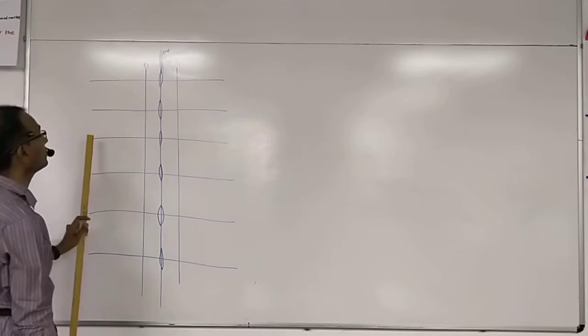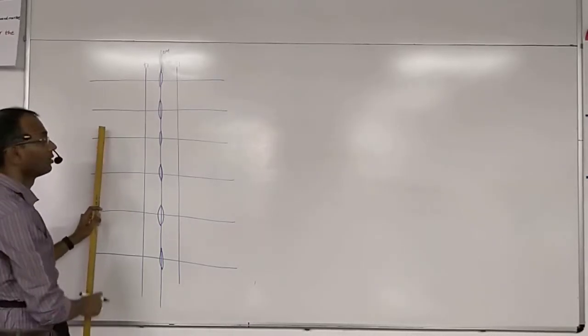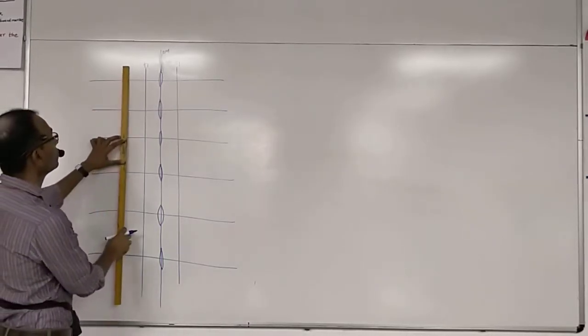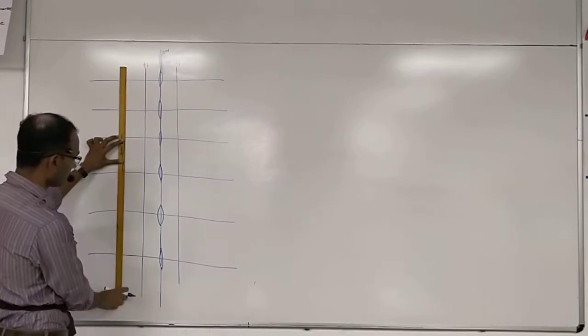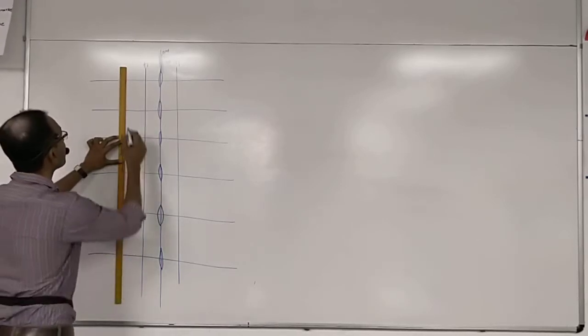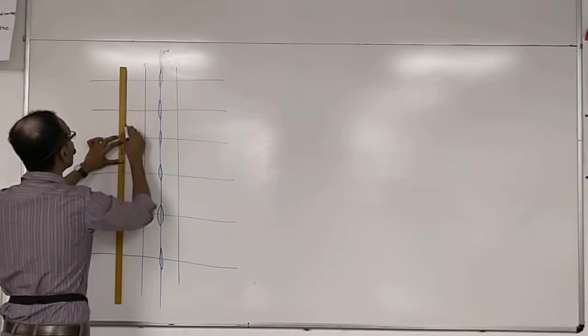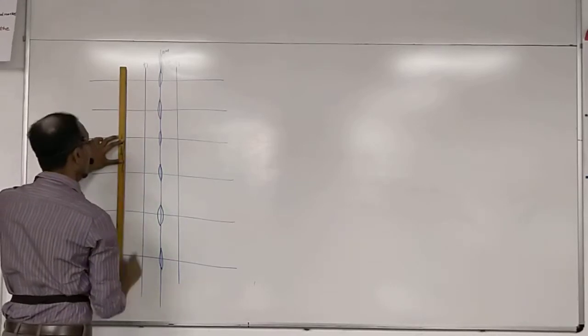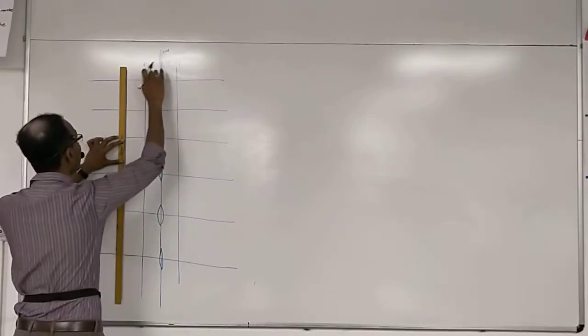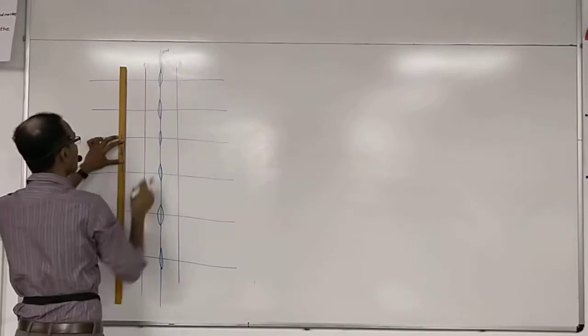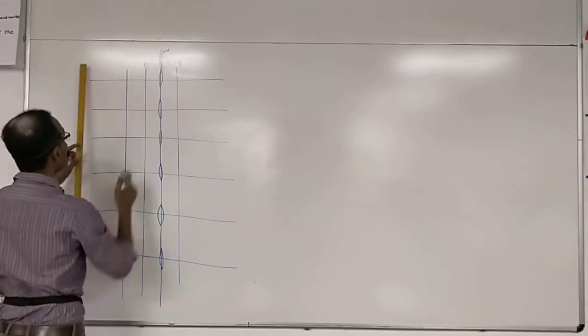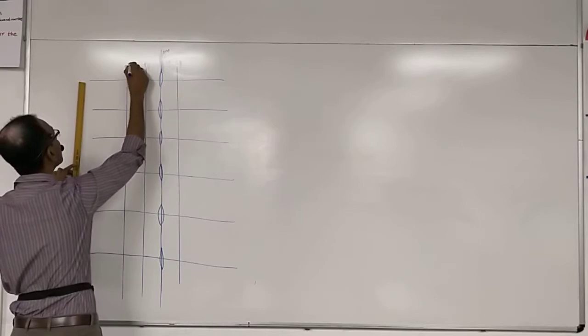Again same distance to the left and right you draw 2f, which is twice the focal length. Or we'll just call it f. This is a distance of 1 focal length, and this is a distance of 2 focal lengths.